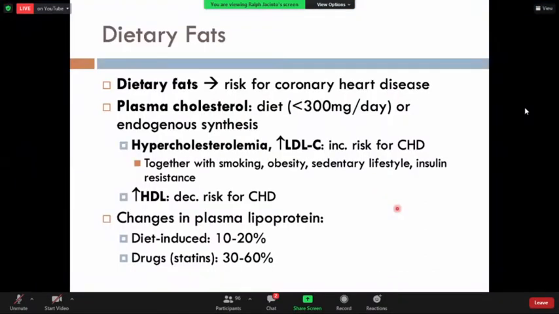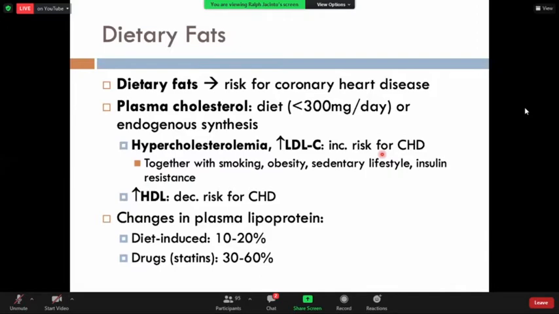Now for the dietary lipids, there is a direct link between your intake of dietary fats and the increased risk for coronary heart disease, especially the level of our cholesterol. Now, this condition, hypercholesterolemia, high levels of cholesterol plus high levels of LDL, increases the risk for coronary heart disease.